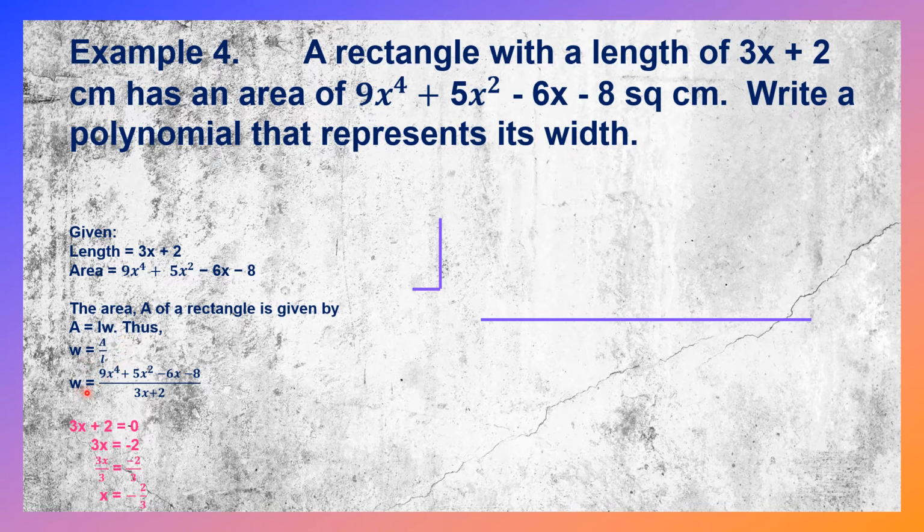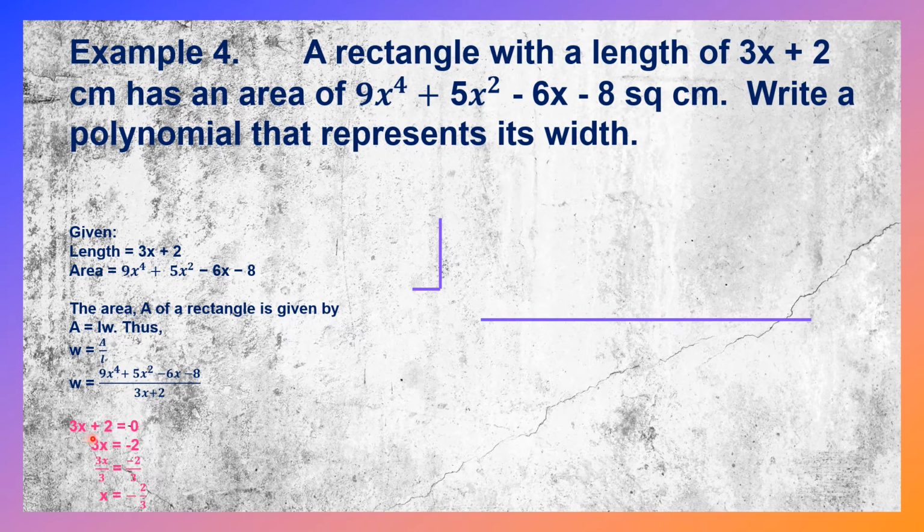Substituting now the values of our area and length, we have 9x raised to 4 plus 5x squared minus 6x minus 8 over the length, 3x plus 2. So for us to know what is the divisor, we equate the length to 0.